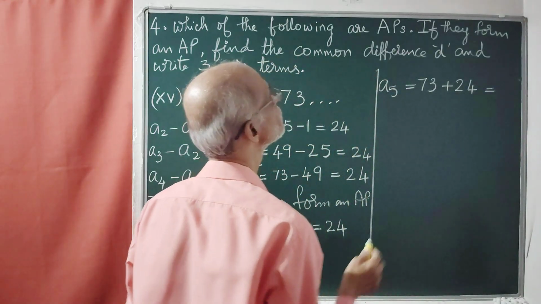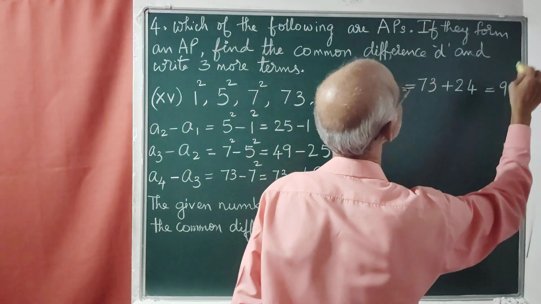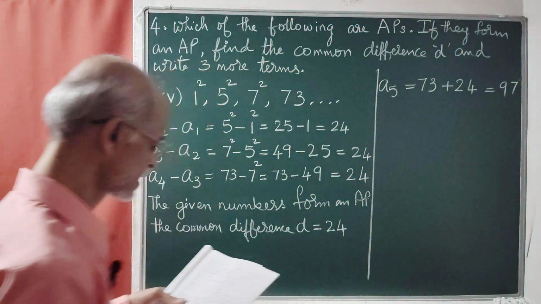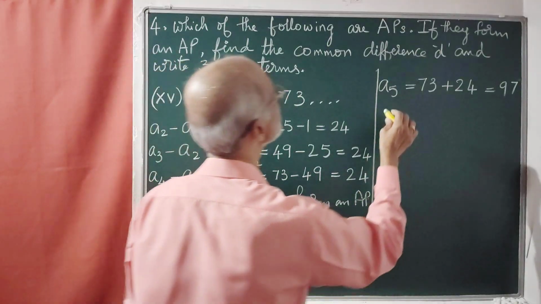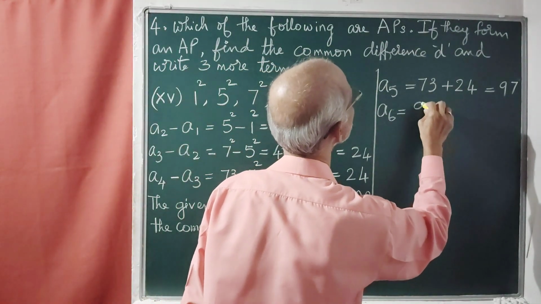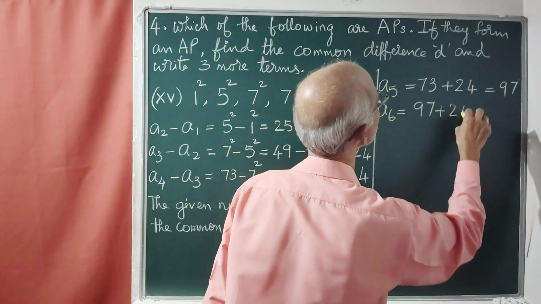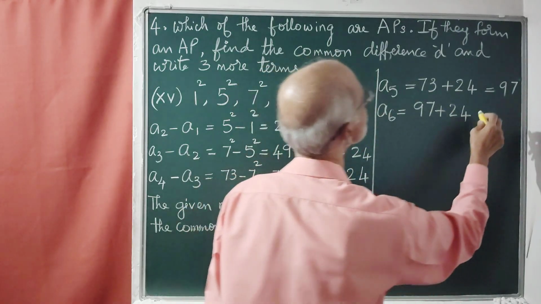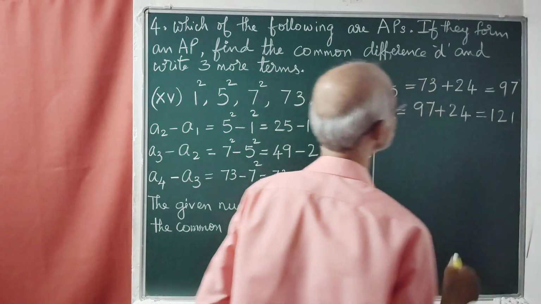So we get 97. So A5 is 97. A6 is A5 plus D. 97 plus 24. We get 121.